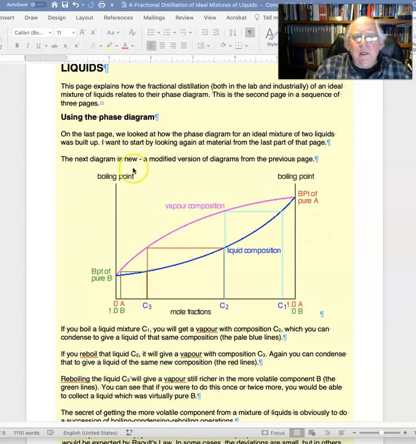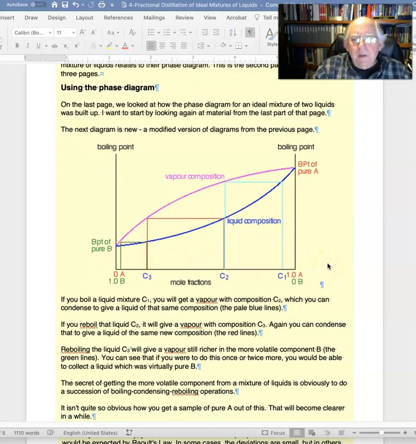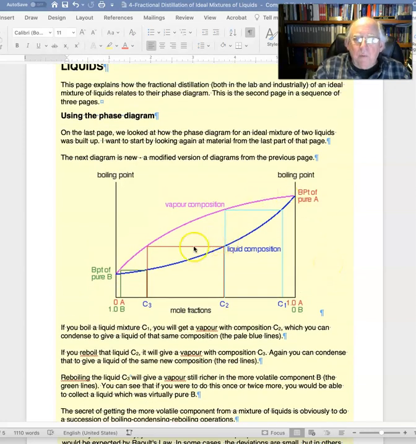If we take a look at what's happening, we had said before that the blue line corresponded to the composition of the liquid, the binary solution. And we said that the pink corresponded to the composition of the vapor sitting above the surface of the liquid.